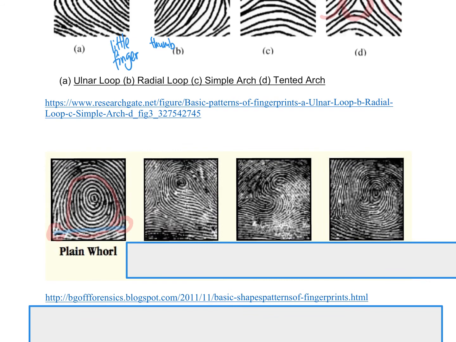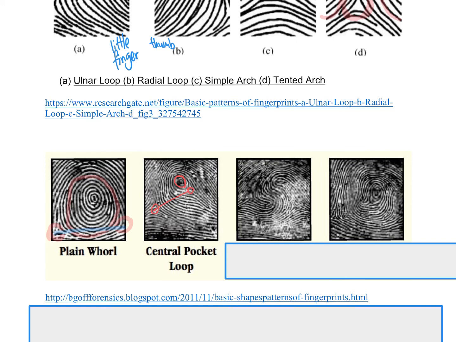The next one, it is also a whorl, but if you look at it, up to here, this is the recurring ridge, and the delta here to here, nope, it doesn't cut across the recurring ridges, so this is a central pocket loop.